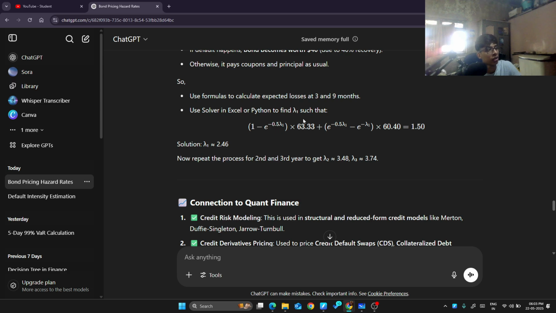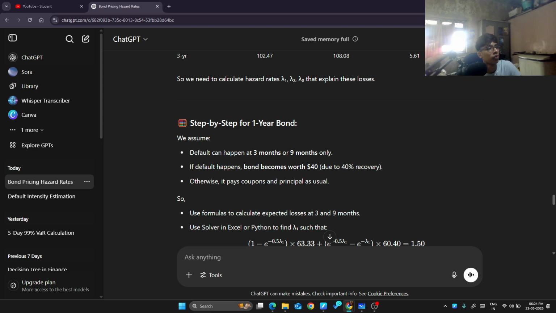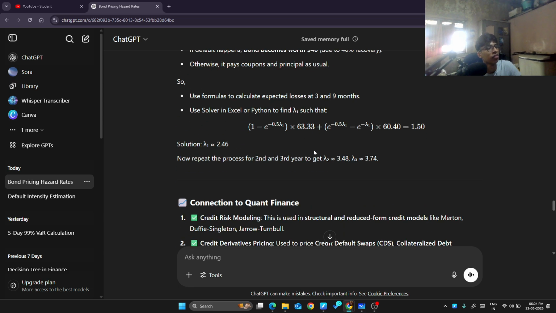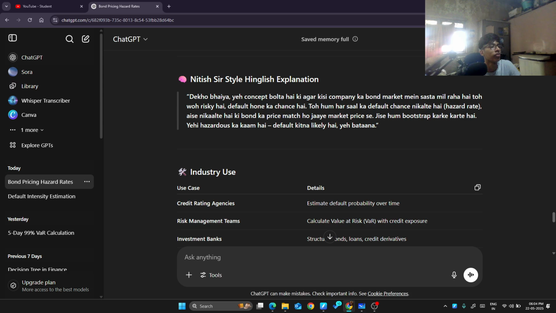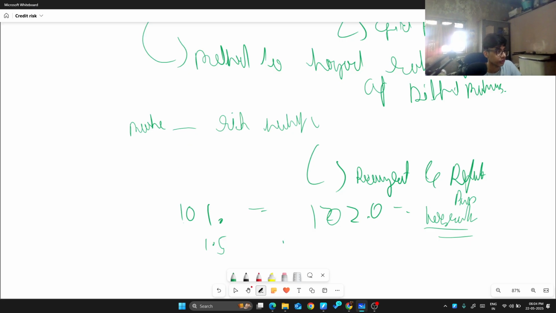Lambda equals 100 minus the recovery rate, 40%, so $40 is the recovery, and 100 minus recovery equals 1.5. We have to find the value of lambda such that it is 1.5, and in this way we find lambda. The lambda value is 2.46, and that's the hazard rate for a bond.